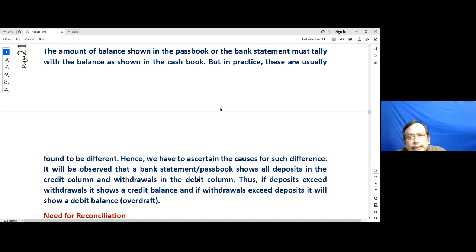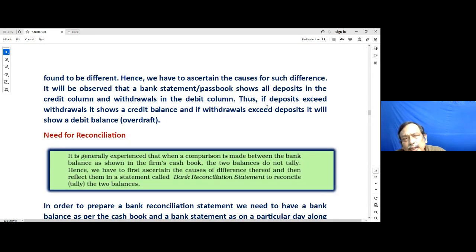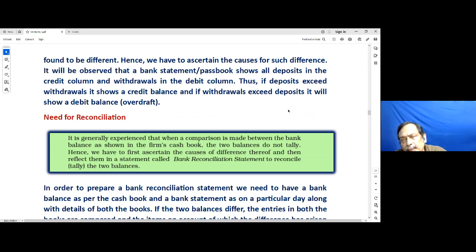But in practice, these are usually found to be different. Hence, we have to ascertain the causes of such difference. So on a particular date, the bank balance as is shown by the cash book may differ from the passbook. Okay, hence we have to ascertain the causes of such difference.